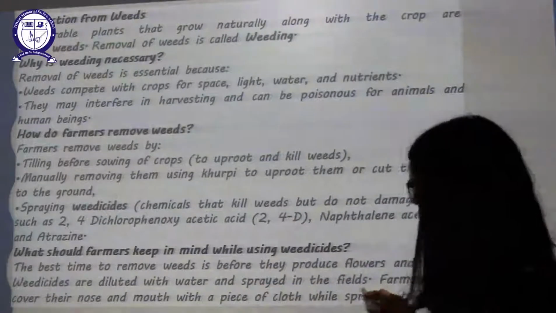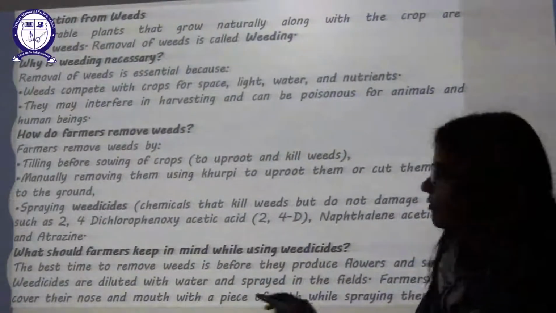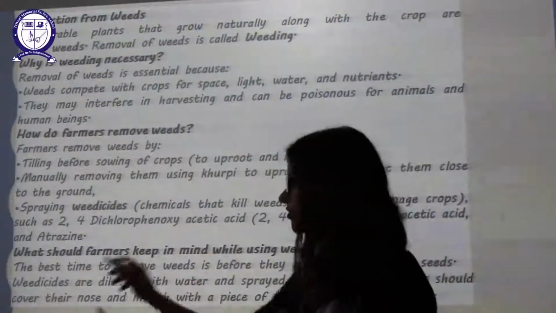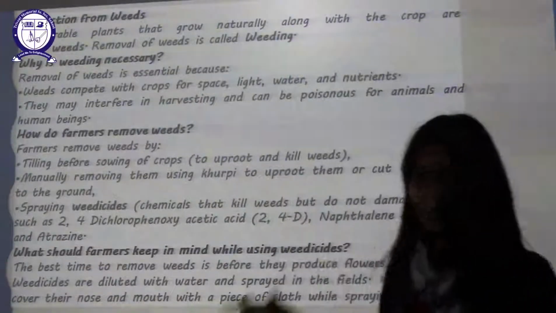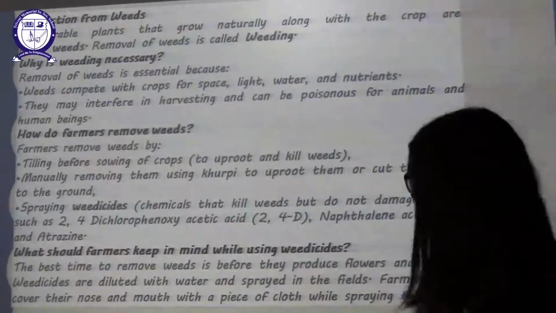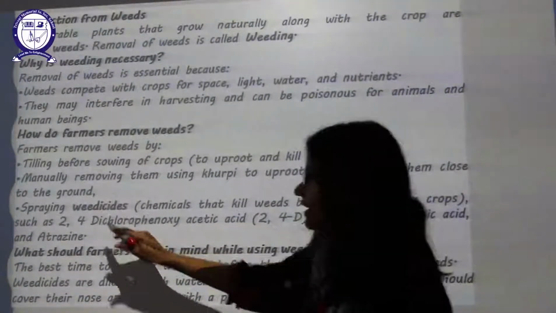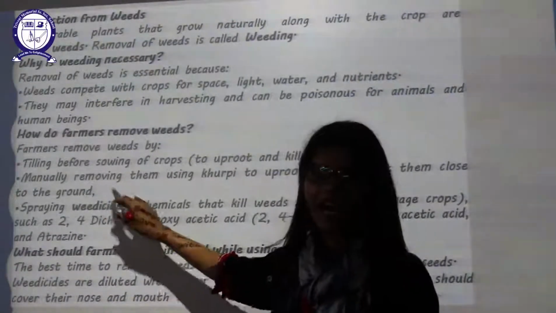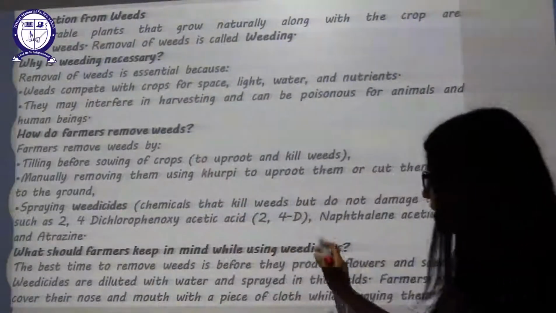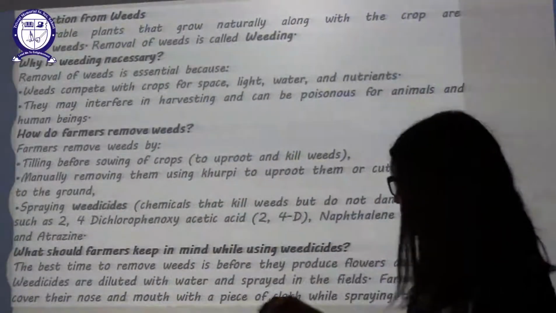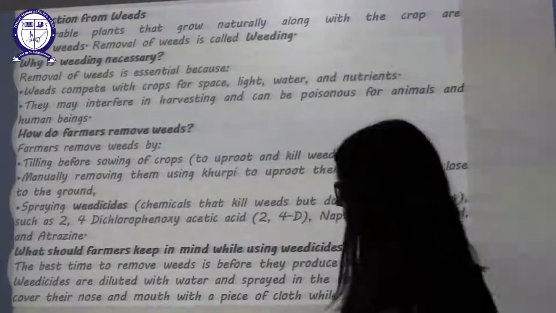Dilution is important because otherwise, if we use the concentrated form of this weedicide, it will harm your main crop also. Farmers should cover their nose and mouth because ultimately these are chemicals and they can harm farmers. That's why they need to cover their nose and mouth with a piece of cloth.